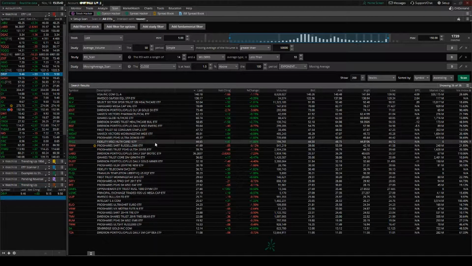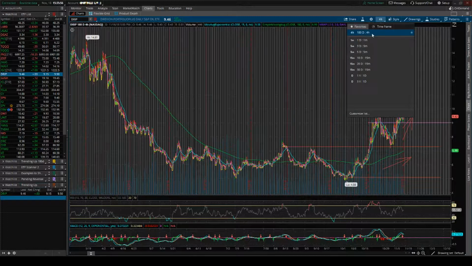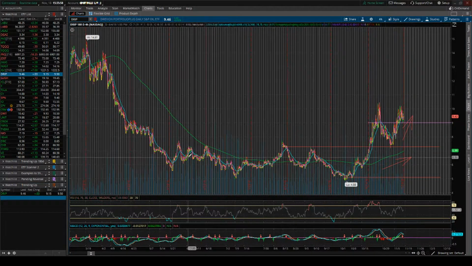Once you've scanned for stocks and put them into a watch list, similar to how I have this first one up here, then you're going to want to do some analysis using the 180-day 4-hour chart. This is kind of a big picture. What has a stock been doing for the last 180 days?